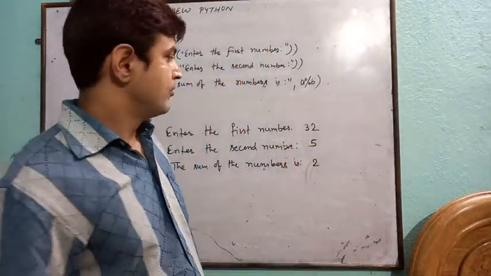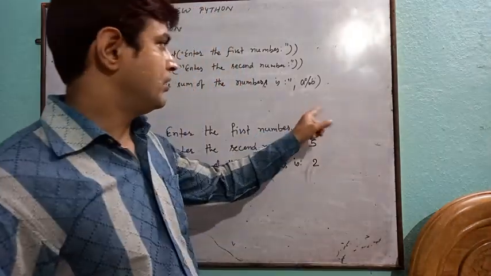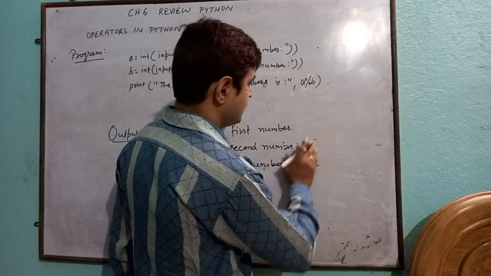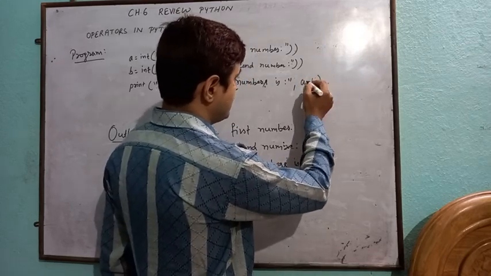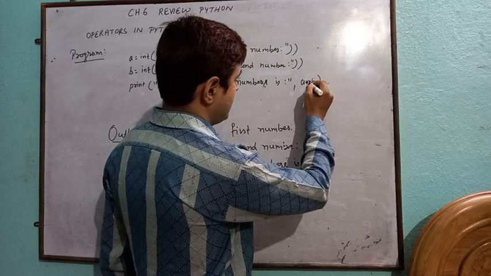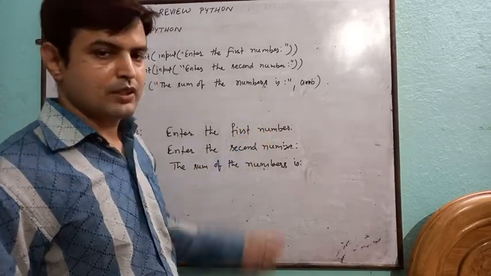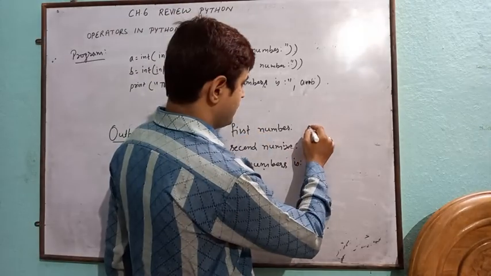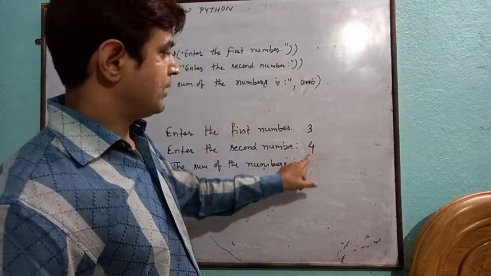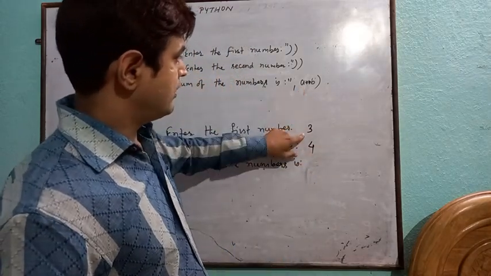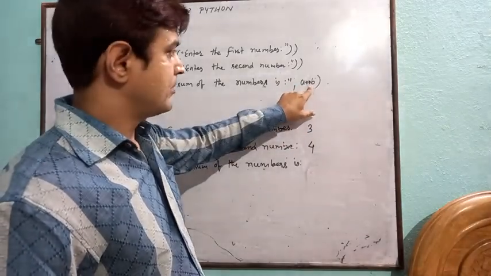And now one more operator. Suppose we use the exponentiation operator, that is double asterisk, and here we will consider some smaller numbers, say 3 and 4. The value of a is 3 and the value of b is 4, where a is the base and b is the power.